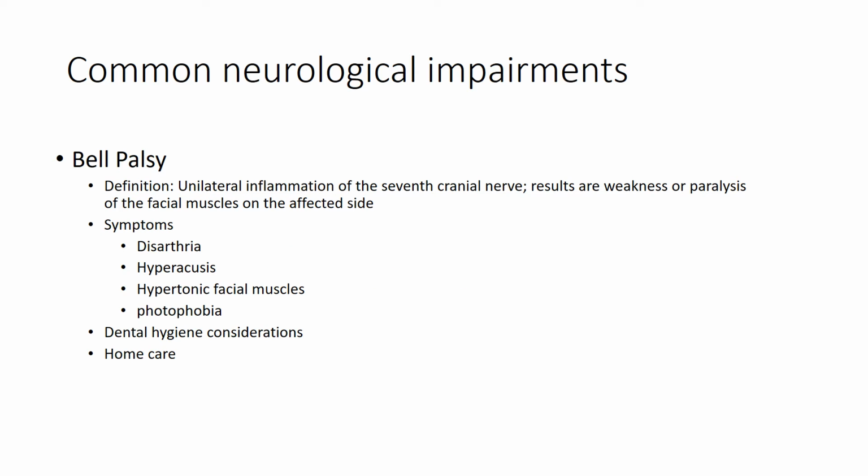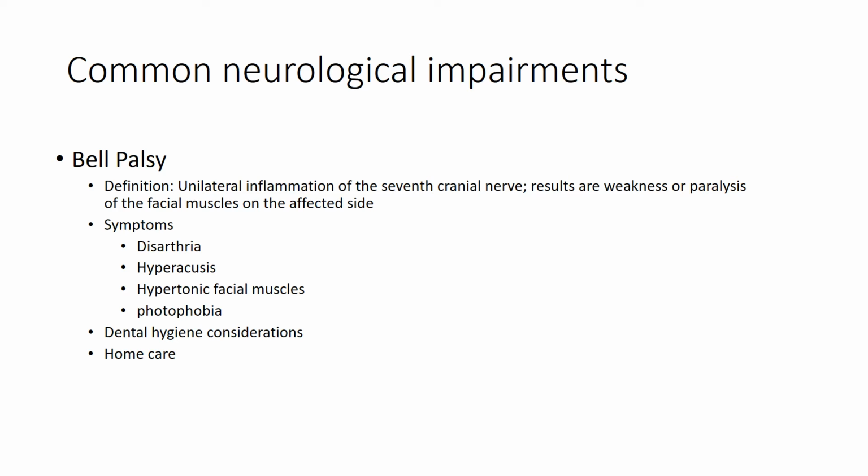Another one of the common neurological impairments is Bell's palsy, also known as trigeminal neuralgia. This is unilateral inflammation, that means it occurs on one side, of the seventh cranial nerve. Results are weakness or paralysis of the facial muscles on the affected side.